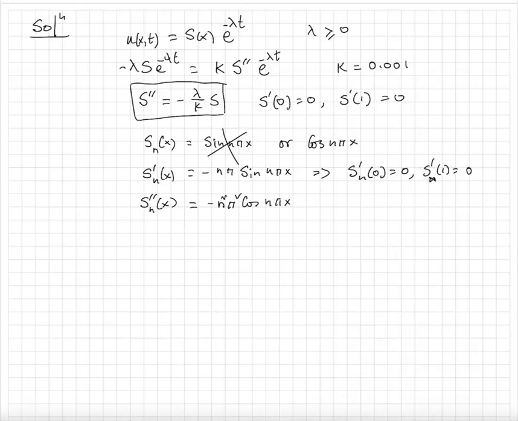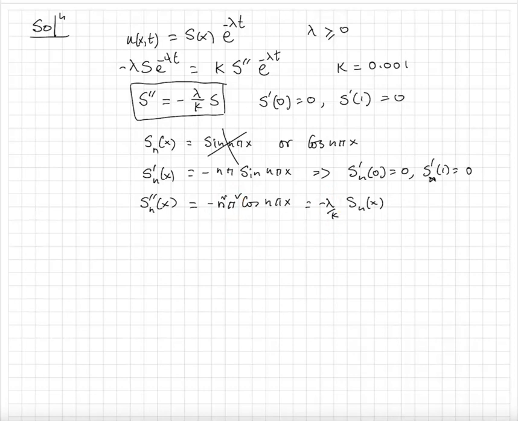And then you compare this with minus lambda over k times S_n, which is a function of x. Looking at this, this part is negative n square pi square, and this part is negative lambda by k.